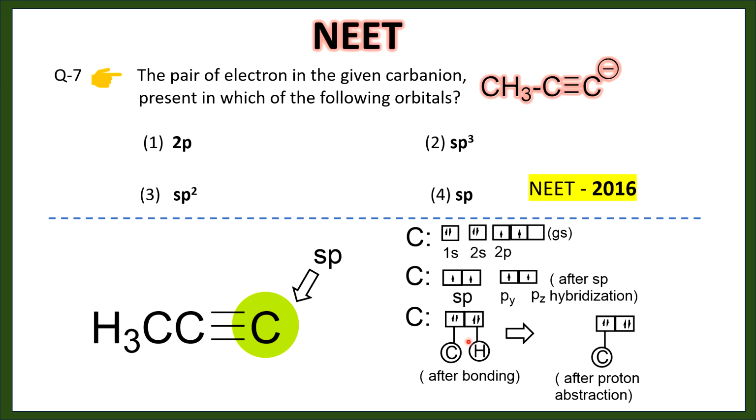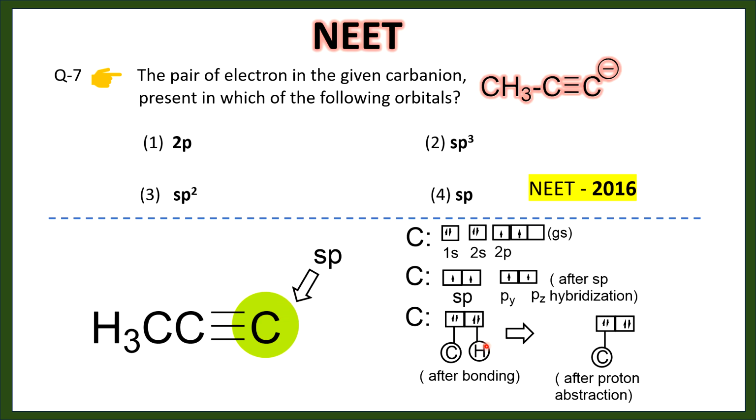After sp hybridization, it forms 2 sigma bonds with 2 different atoms: one attached with a carbon by a single bond, and another attached with one proton. Then when this proton gets deprotonated, the carbanion will be generated.